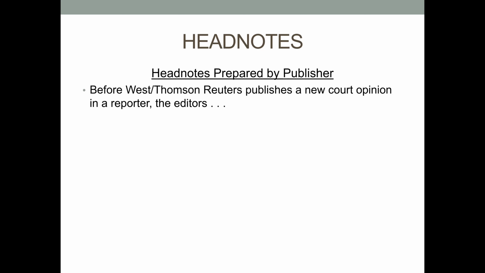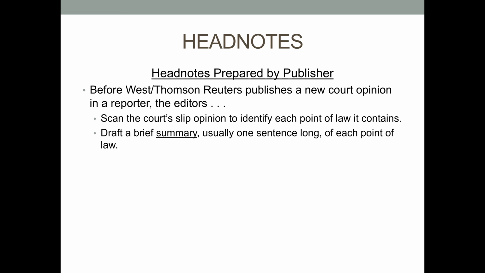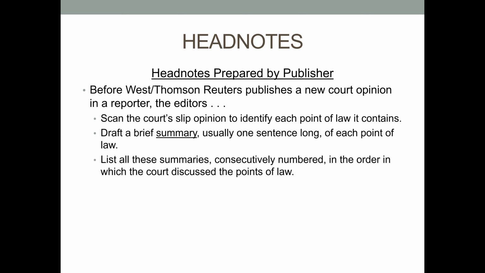Now, before West Publishing, or Thomson Reuters now, publishes a new court opinion in a case reporter, the editors will go through the opinion and identify every point of law that it contains. Then the editors will briefly summarize each one of those points of law, usually in one sentence apiece.